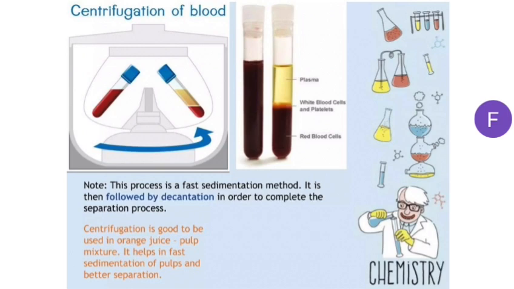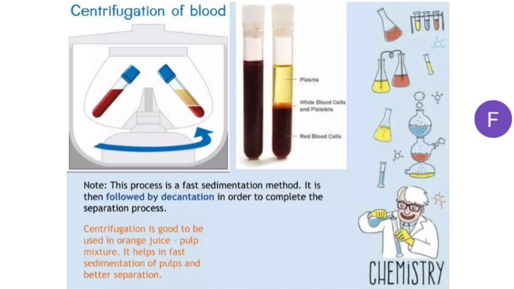This is a fast sedimentation method. Since the components have similar densities, we use the sedimentation of centrifugation. But always, this step will be followed by decantation. And centrifugation is good to be used in orange juice, since pulp and orange juice have similar density.